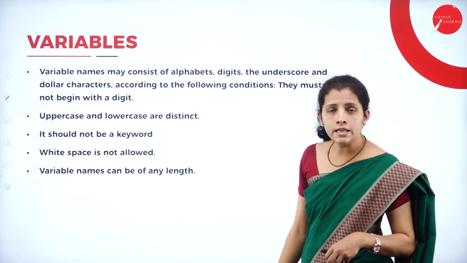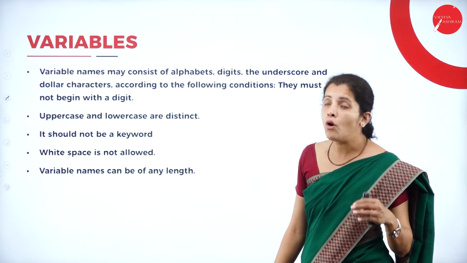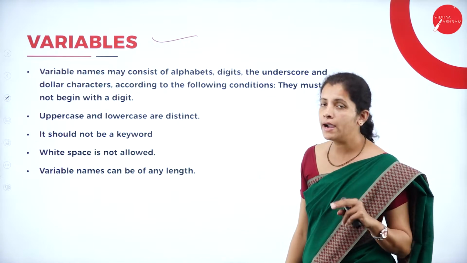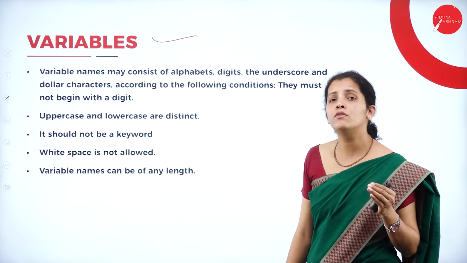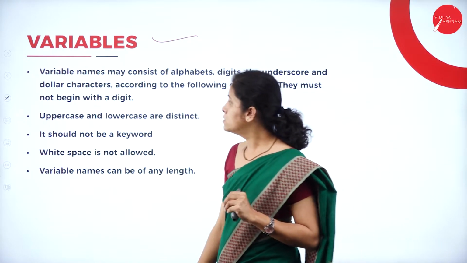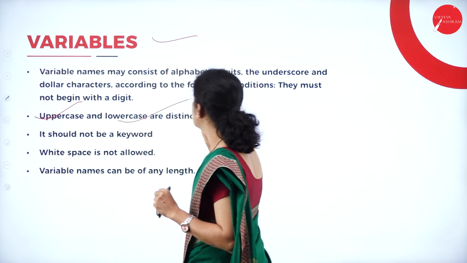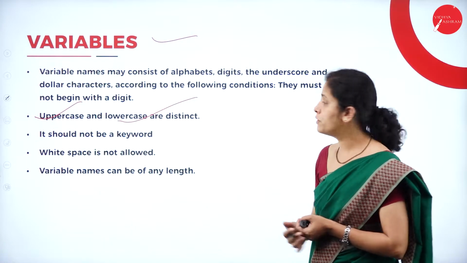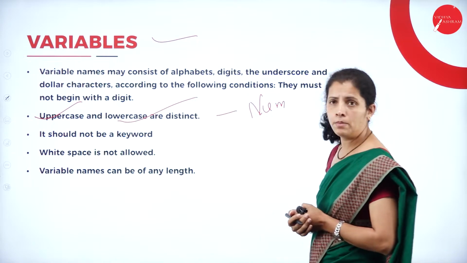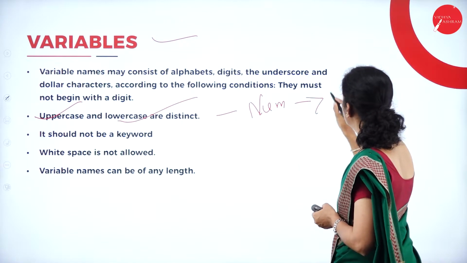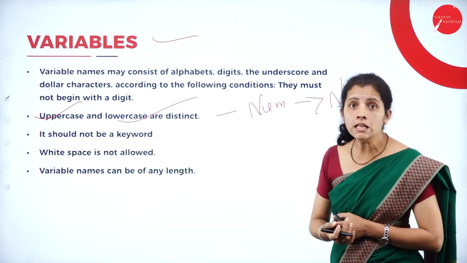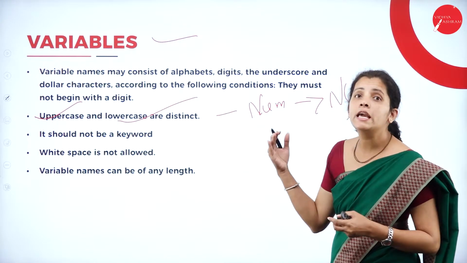Now, let's see what are the rules followed while defining variables. While defining variables, we have to follow certain rules, like for an identifier, uppercase and lowercase letters are distinct. For example, in my program, if I write Number, then I cannot use number, because in Java it is case sensitive.